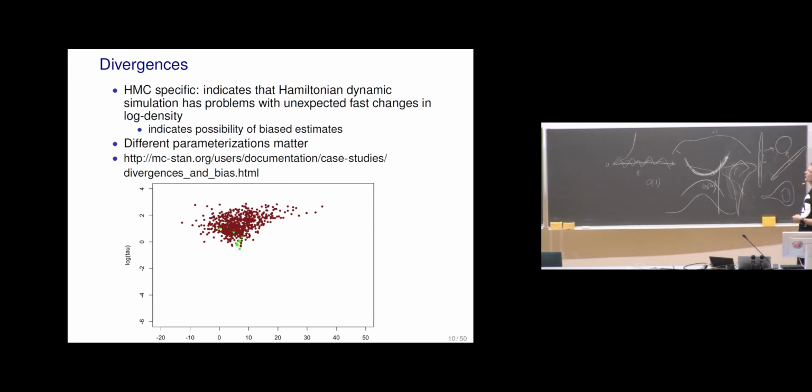Stan marks those cases when we get the error exploding. Instead of just giving up, it marks that there was a divergence, and then continues sampling.